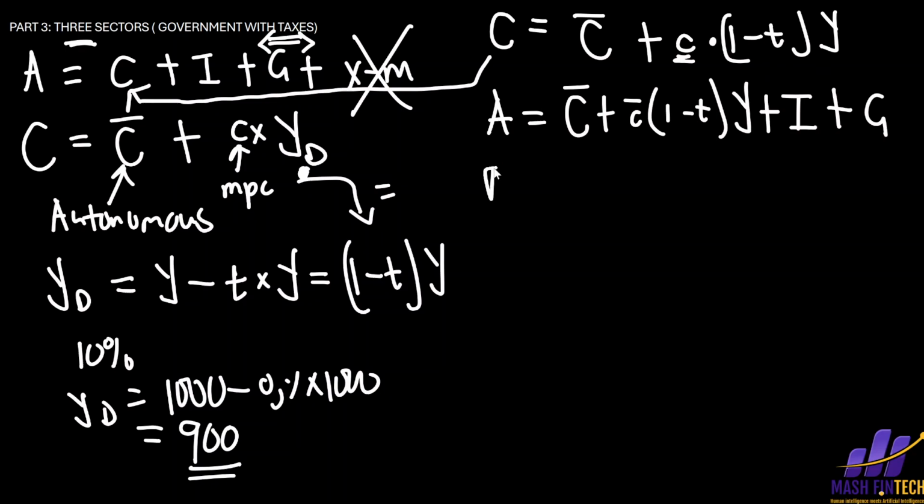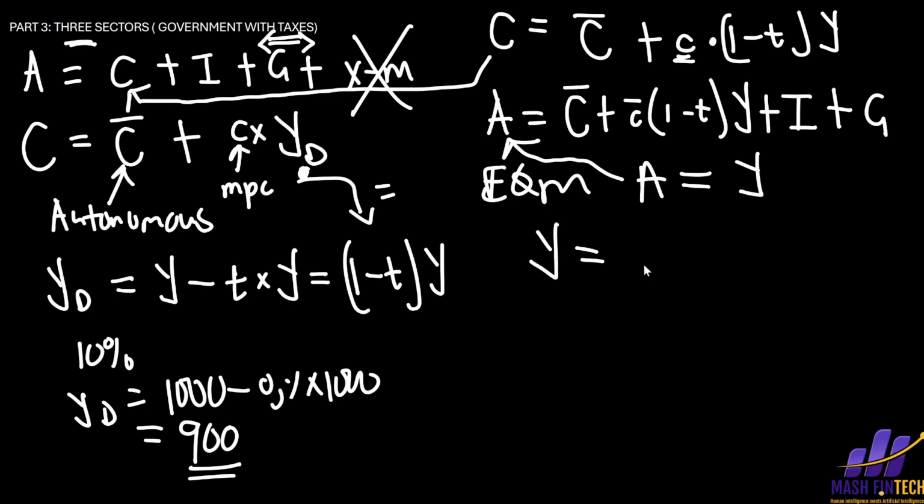Remember, in equilibrium, the total spending, aggregate expenditure, is equal to the level of income. We substitute here. We remove this A, we put income. This is equal to autonomous consumption plus induced consumption plus investments plus government spending.